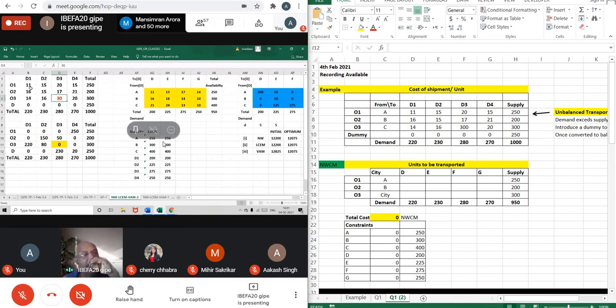If my objective is minimum total transportation cost, and if I make 0 here, I will get the minimum total transportation cost. Am I right? Because 0 is also a minimum number. Yes, sir. So instead of 0, what is to be done?